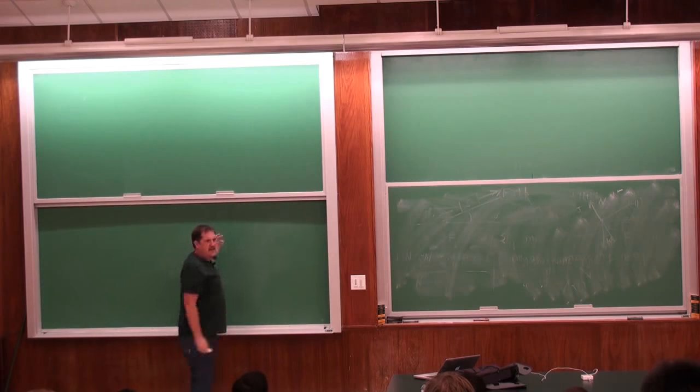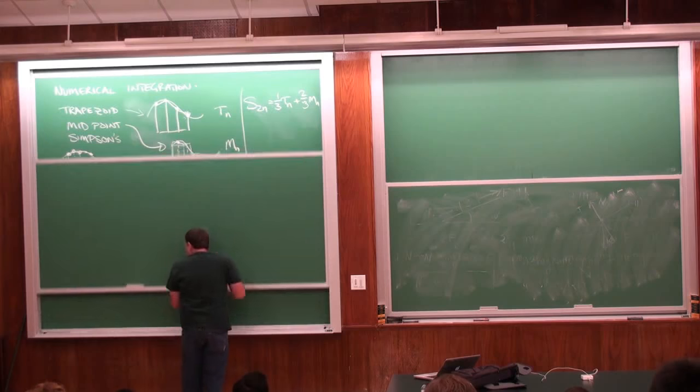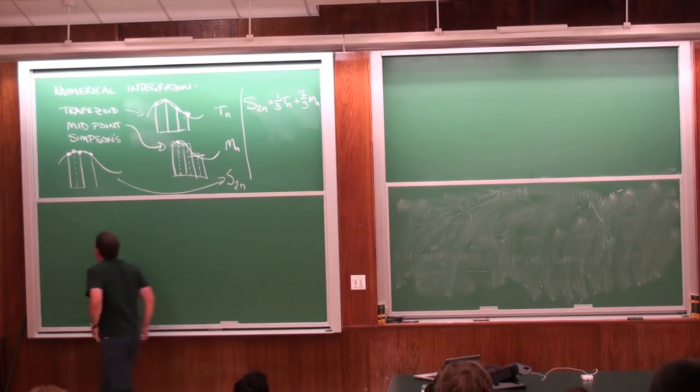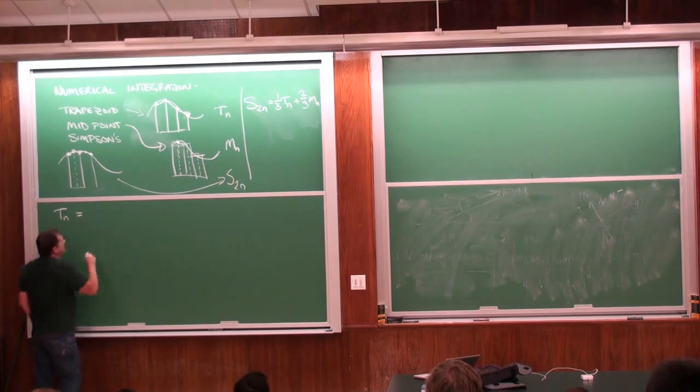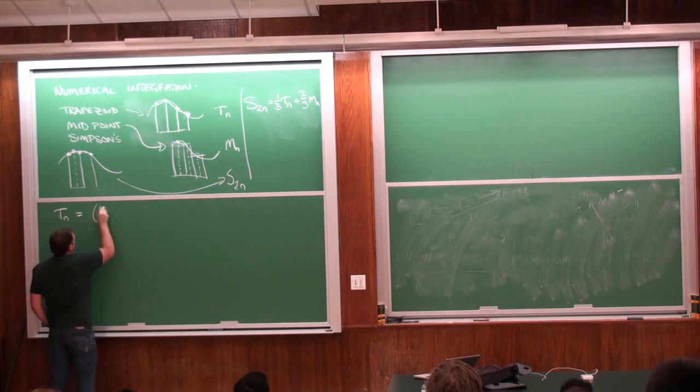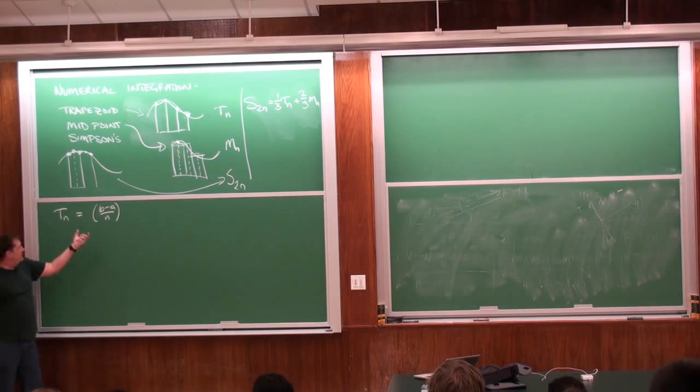Does anyone need me to write down the formula again? Yes? Just figure them out, they're easy. Okay, so the trapezoid with n: we take the width of the little interval, so I'm integrating from a to b.